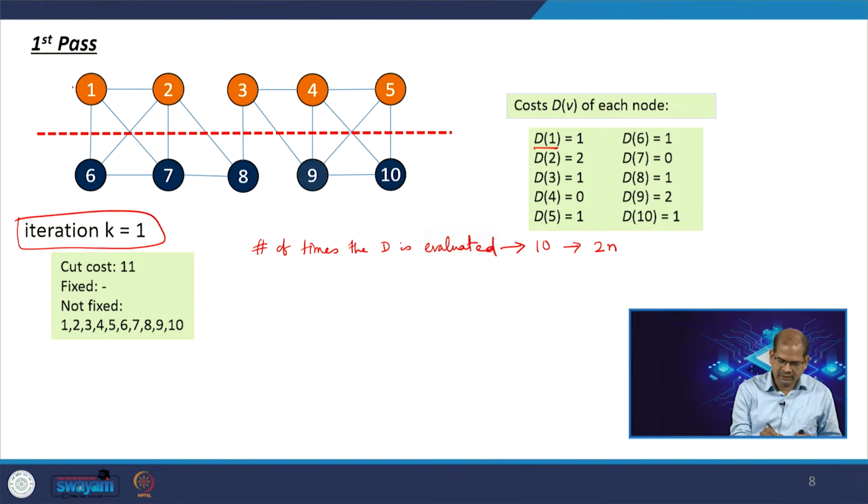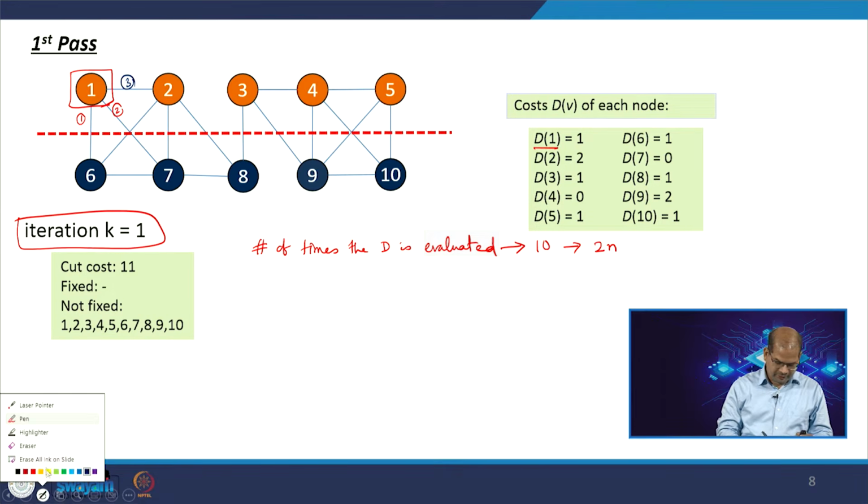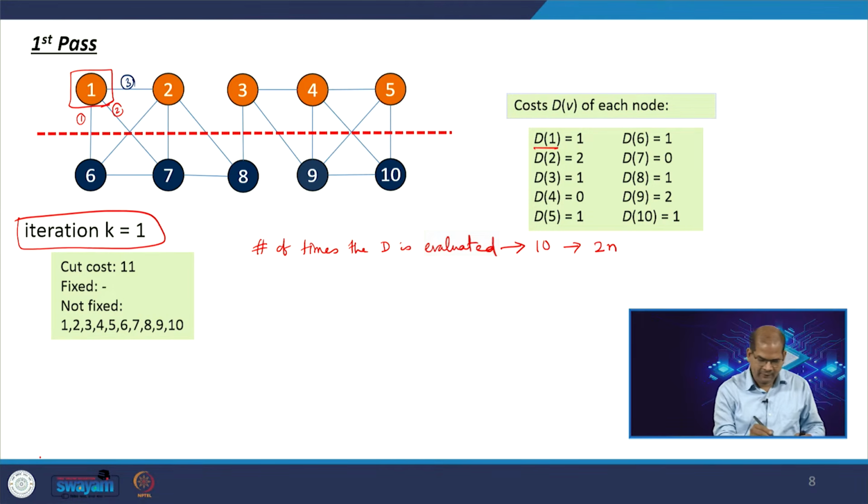Let us take node 1. Node 1 has edges 1, 2 and 3. Edges 1 and 2 are passing through the cut line, and edge 3, which I wrote in blue color, is not passing through the cut line. So my D of 1 is basically 2 minus 1, which is 1.